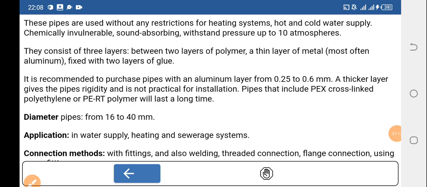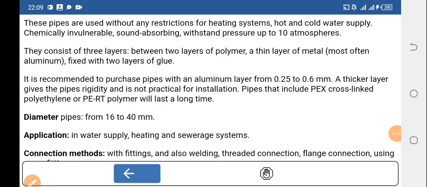It is recommended to purchase pipes with an aluminium layer from 0.25 to 0.6 millimeter. A thicker layer gives the pipe rigidity, meaning that it becomes very rigid, very strong, very tough and stubborn, and it's not practical for installation.